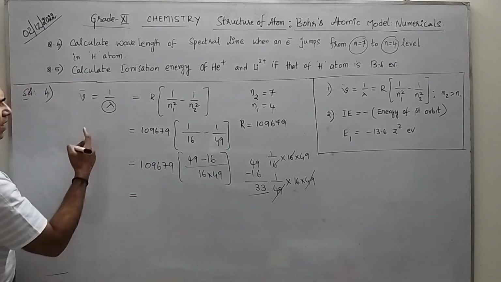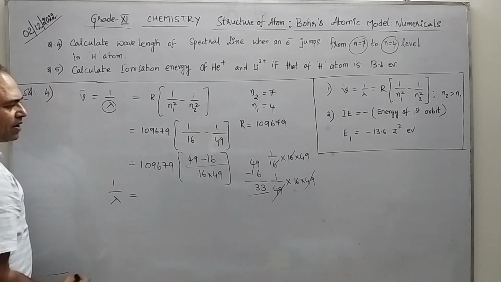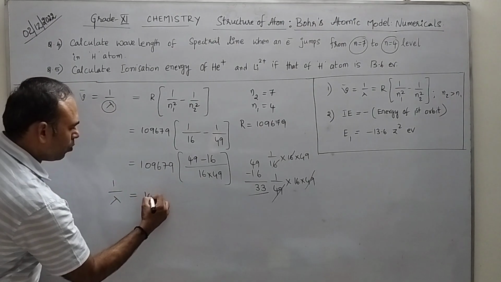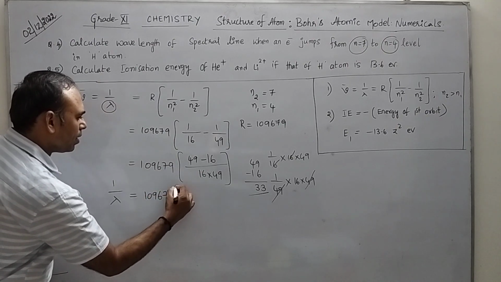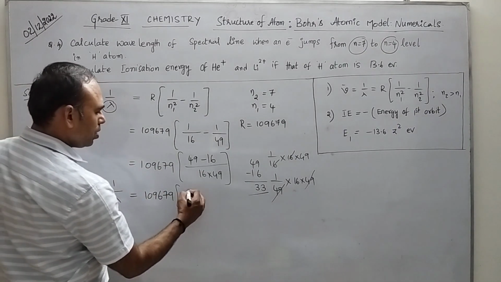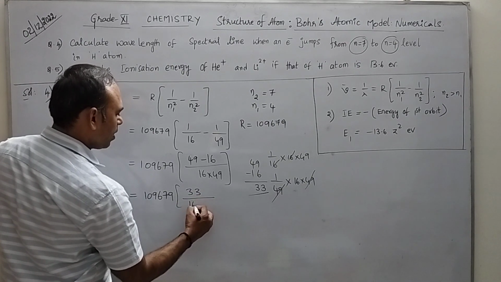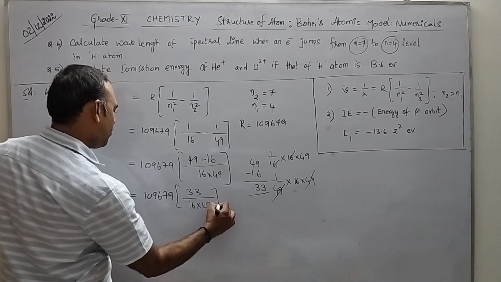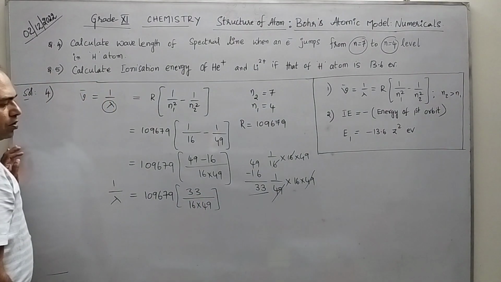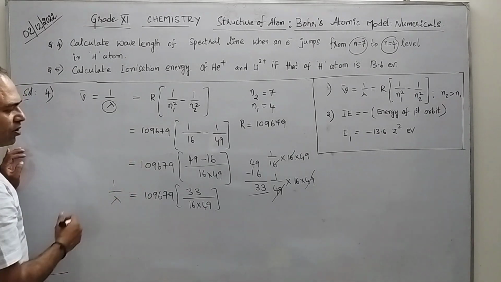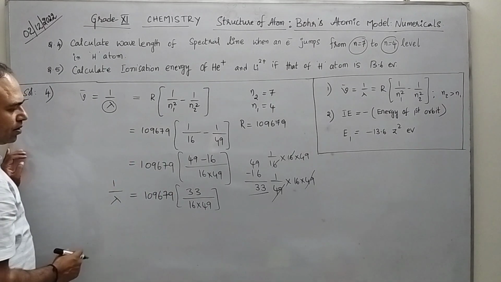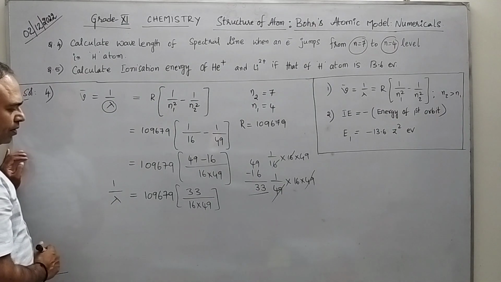So therefore we get 1 by lambda is equal to 109,679 into 33 by 16 into 49. Suppose you want to find lambda, what you will do? Send this to the other side, or you can calculate here itself.